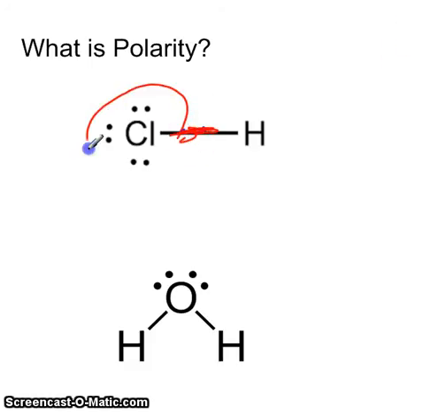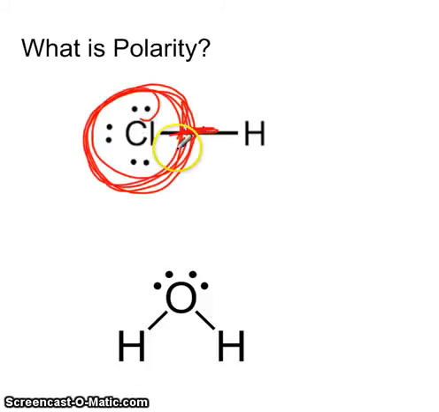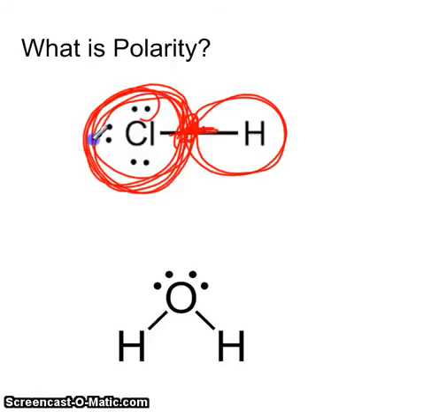Now, because chlorine is more electronegative than hydrogen, those electrons are unevenly distributed around the two atoms in that bond, and they are found more around chlorine than they are around hydrogen. They are found more around chlorine because chlorine is more electronegative.